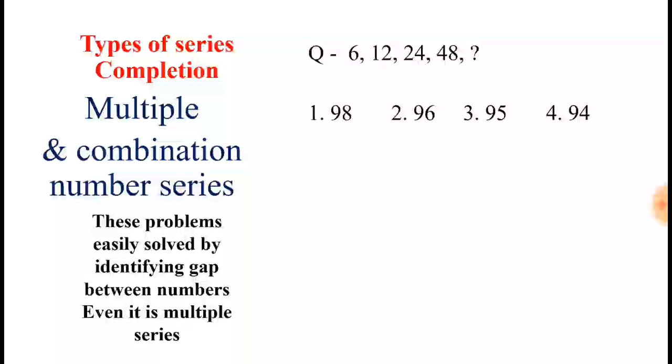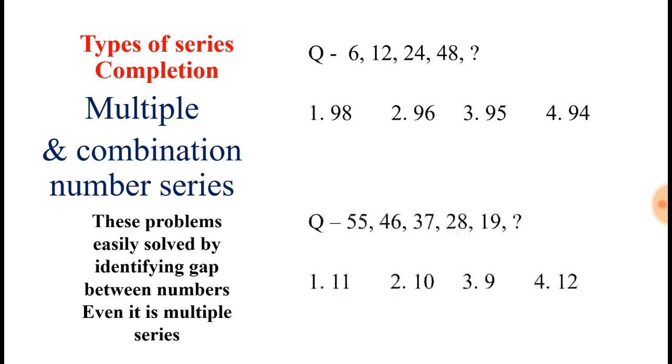If we check the gap between 6 and 12, it is 6. Between 12 and 24, it is 12. That means the gap is a multiple of 6. 6, 12, 24. Next will be 48. So 48 plus 48 becomes 96. The answer for this question is 96.